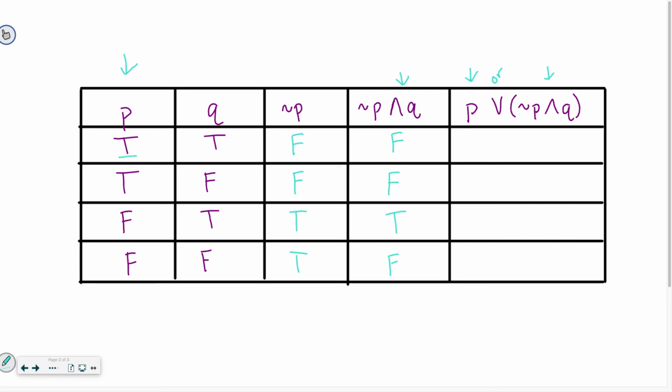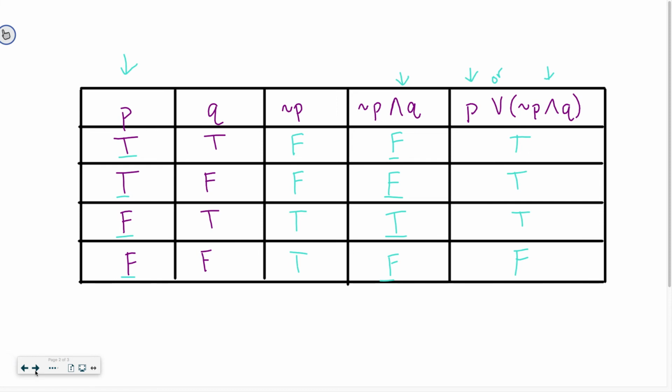So I have a true, false. I have at least one true, so the whole thing is true. I have a true, false. I have at least one true, so the whole thing is true. False, true. I have at least one true, the whole thing is true. False, false. I don't have at least one true, so the whole thing is false.